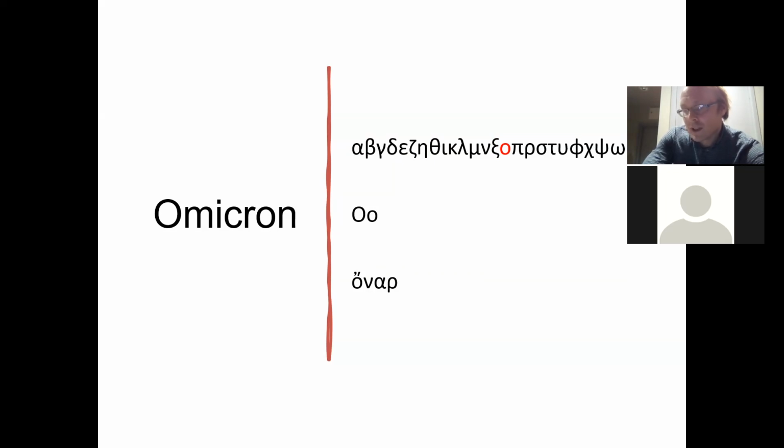A word beginning with omicron is onar, which means dream. The next letter is pi, which is equivalent to the letter P in the Latin alphabet. We find pi as the initial letter in the word polis, which means city.